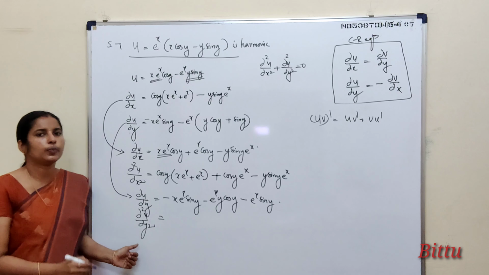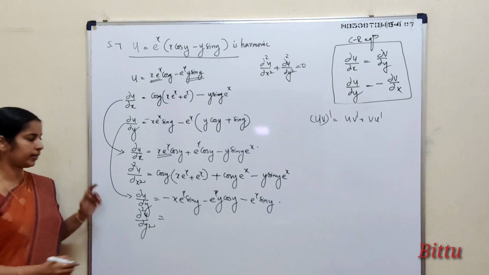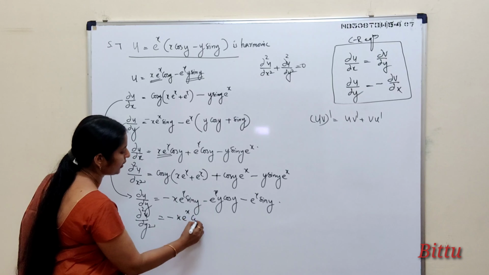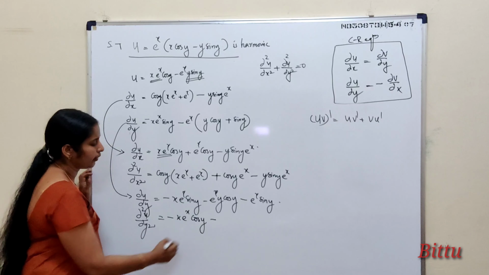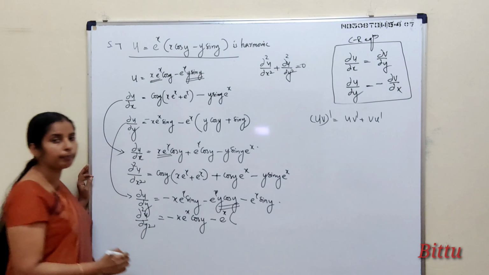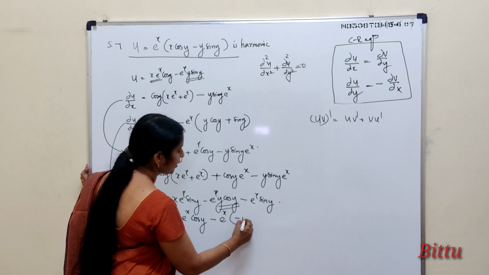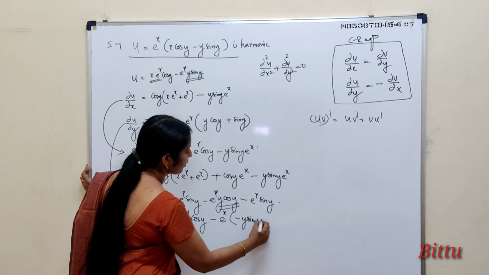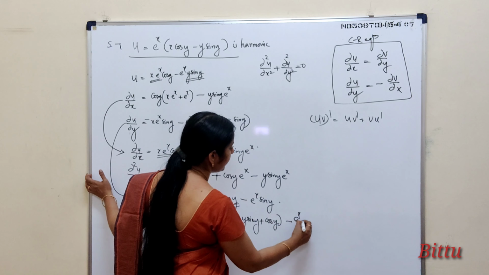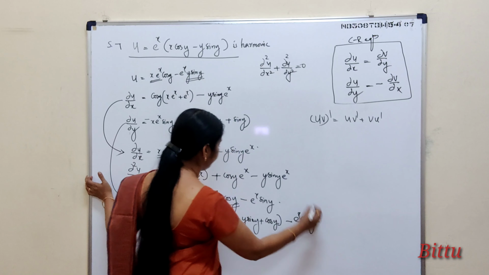While differentiating with respect to y, you keep x as a constant. So here minus x e^x is constant. Derivative of sin y is cos y. Here minus e^x is constant. See, it's a product, so there you have to apply product rule. That is minus y sin y plus cos y, minus e^x cos y.